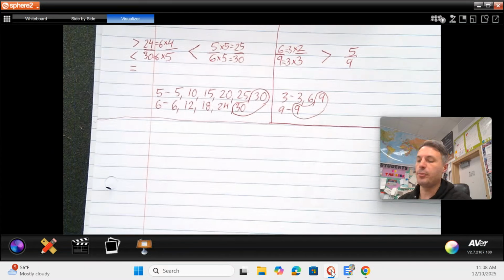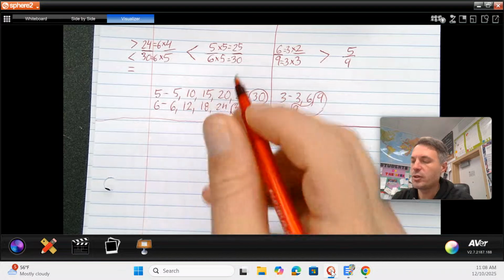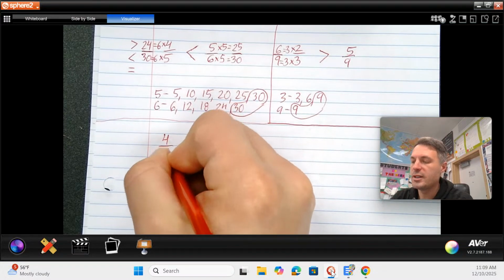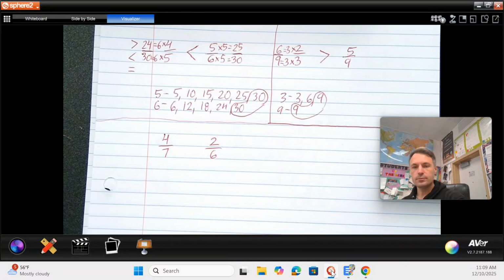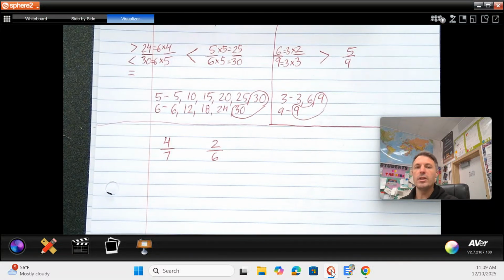Let's do another example. Let's say we have to compare 4/7 to 2/6. Now, in this case, there's something I want to show you guys. Sometimes you don't have to make common denominators because sometimes you can use what's called benchmark fractions.